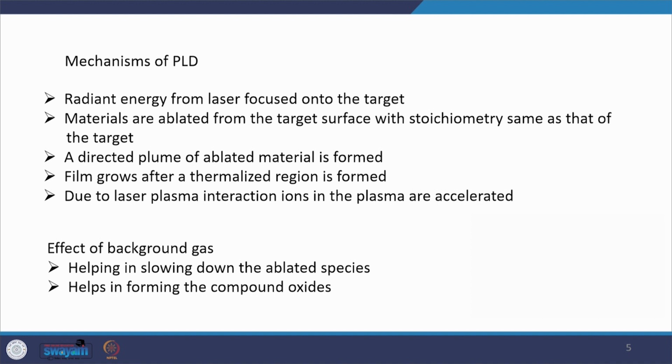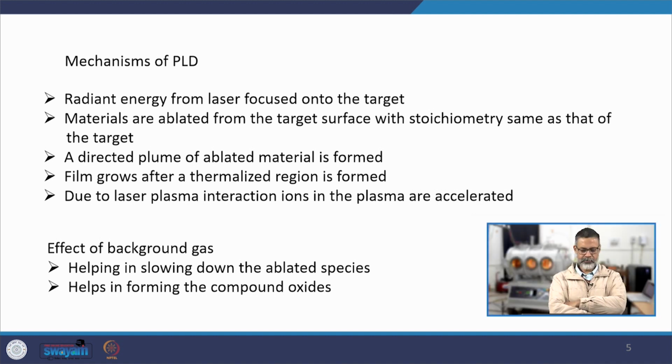Initially, if it is a compound material, not a single element, like zinc oxide, copper oxide, aluminum oxide, magnesium oxide, or yttrium barium copper oxide, aluminum nitride, or any other kind of material, say molybdenum oxides, it will decompose into ions and electrons. For zinc oxide, it can form zinc ions, oxygen ions and electrons.